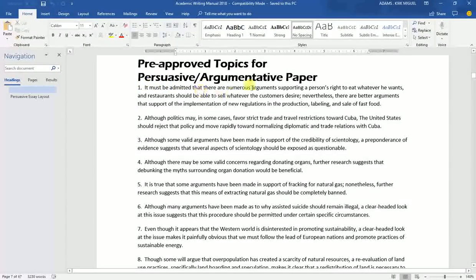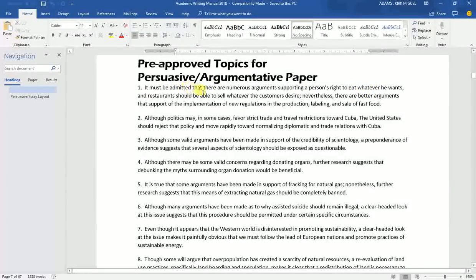Although there are numerous arguments supporting a person's right to eat whatever he wants, restaurants should be able to sell whatever the customers desire. And then you take out nevertheless, because you're never going to use two contrast words. Although, you state the opposite side, and then comma, and the rest is the same.